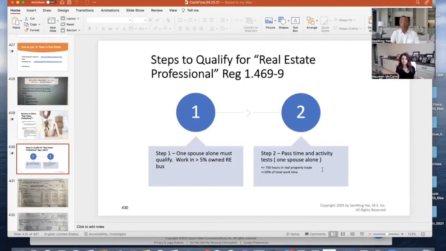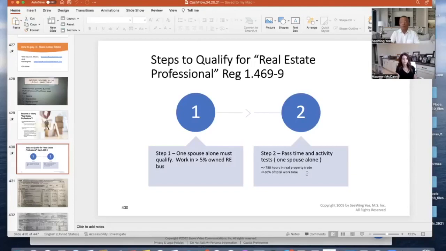So 750 hours annually equals 15 hours per week. Let me do the calculation for you. However, it's not that all you have to do is work part-time to qualify. No, you cannot have any other job that takes away from the 50% of the total work time.